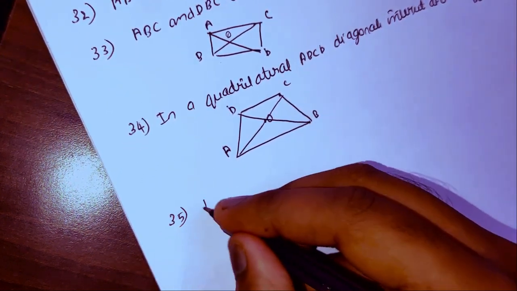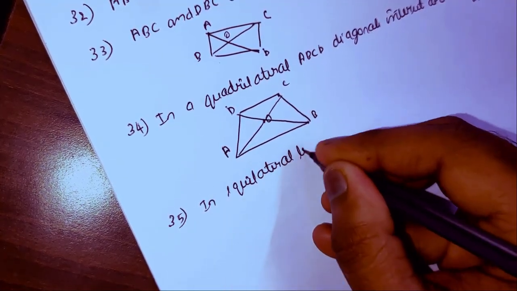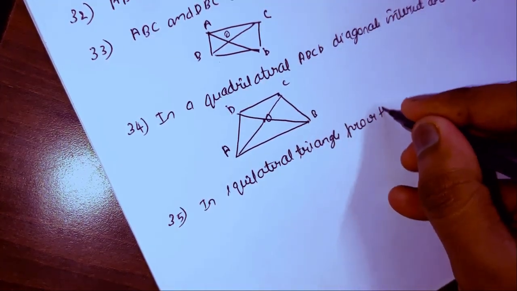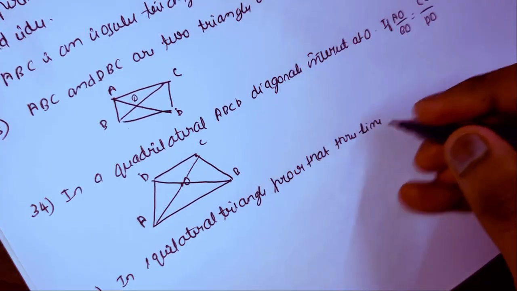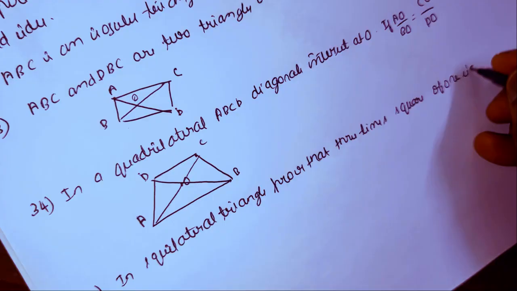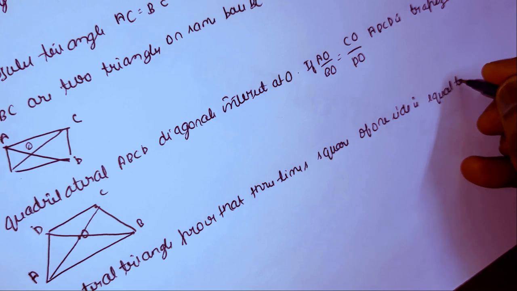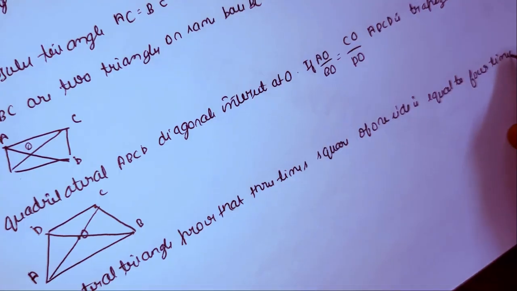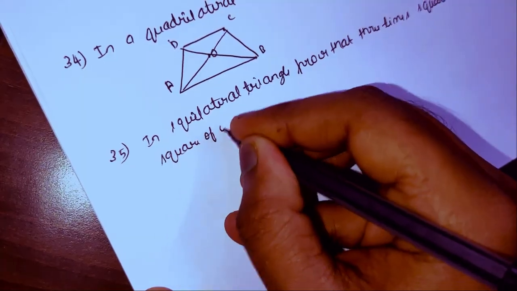Thirty-fifth question. In an equilateral triangle, prove that 3 times the square of one side is equal to 4 times the square of one of its altitudes.